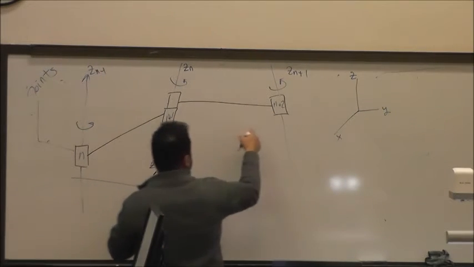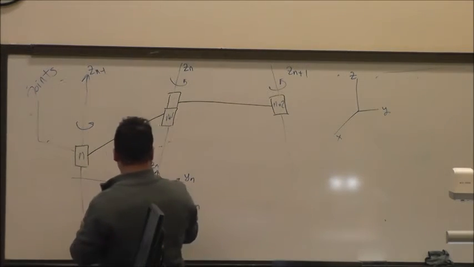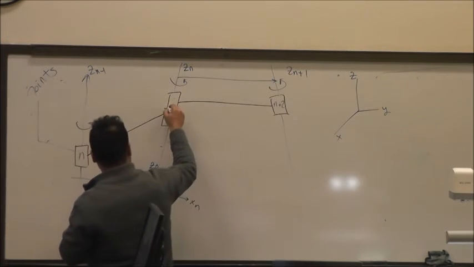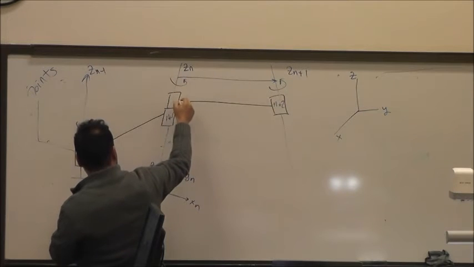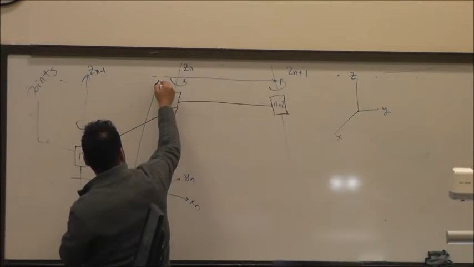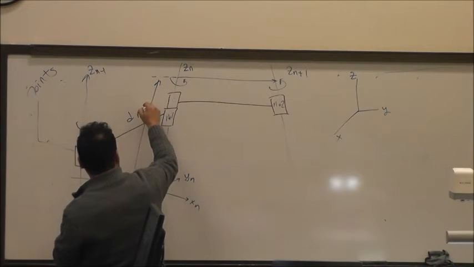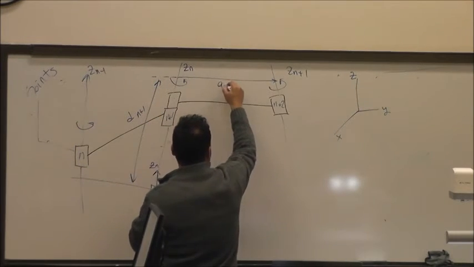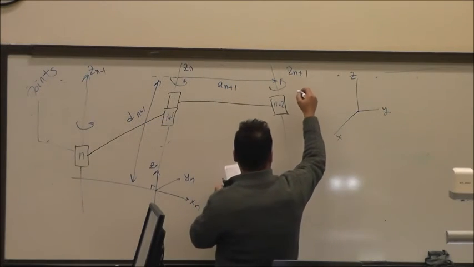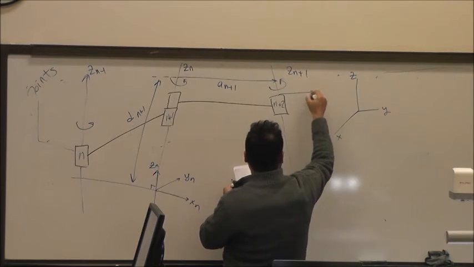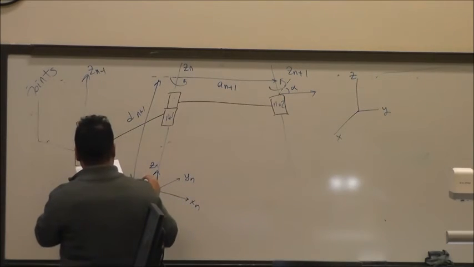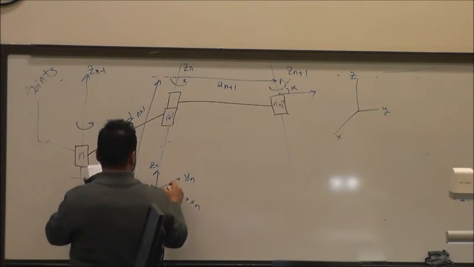Okay, and here, if I take a look at here, then go here, and here, I have, my parameters are coming, right? D n plus 1, A n plus 1, and here's a little angle alpha, right? And my theta is here.